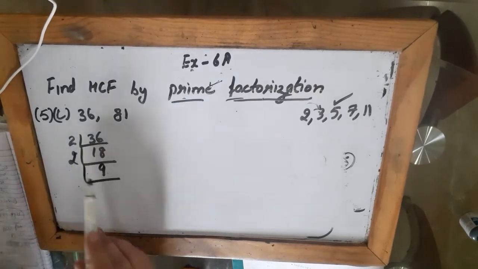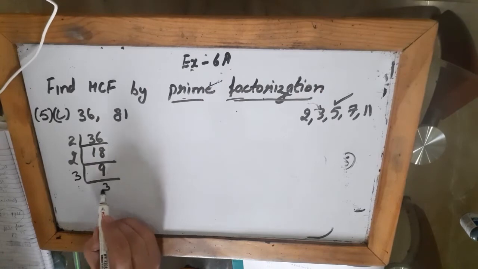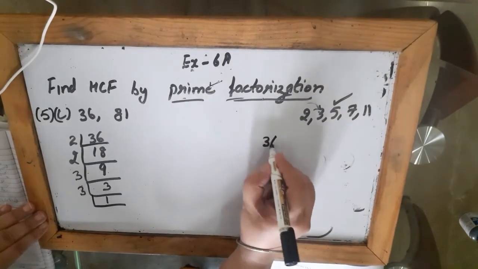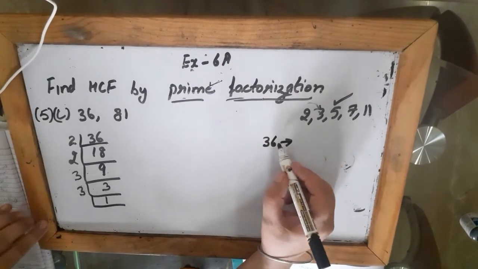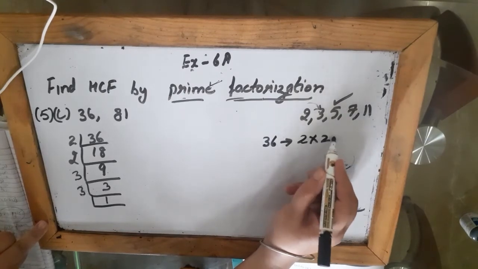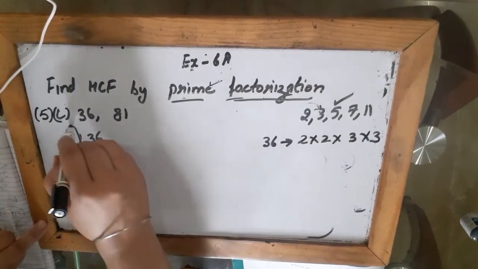Now 9 is not divisible by 2, so I'll take the next prime number. 3 3s are 9 and 3 1s are 3. So what are the prime factors of 36? 2 into 2 into 3 into 3.